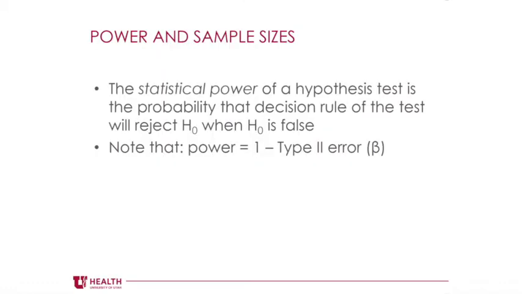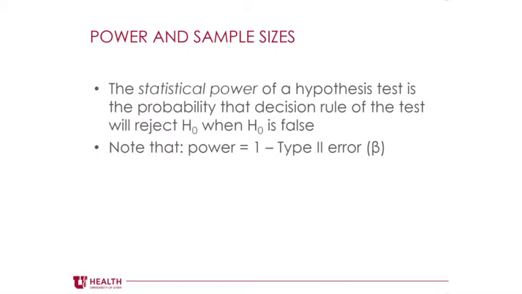Lastly, I want to talk about the power and sample sizes. The statistical power of a hypothesis test is the probability that the decision rule of the test will reject the null hypothesis when the null hypothesis is false. Note that the power will be equal to 1 minus the type 2 error we introduced in a couple of slides before.